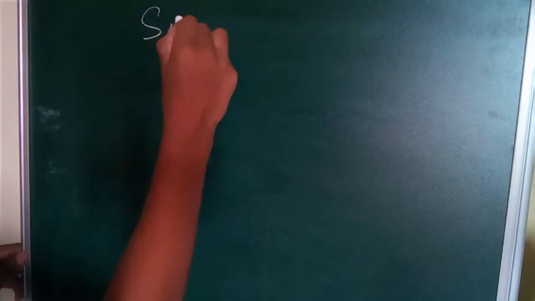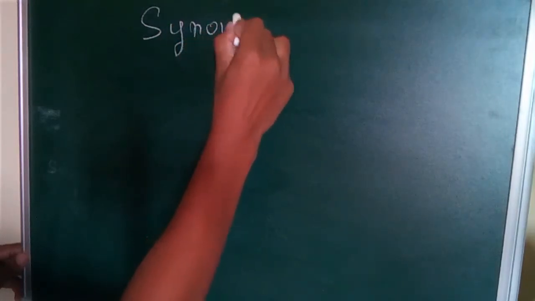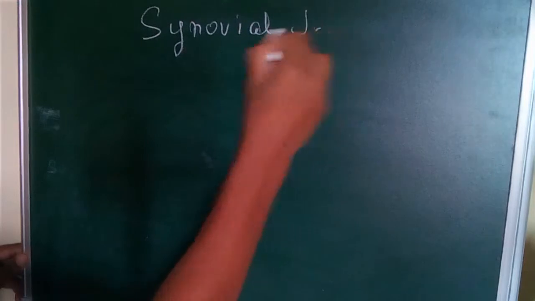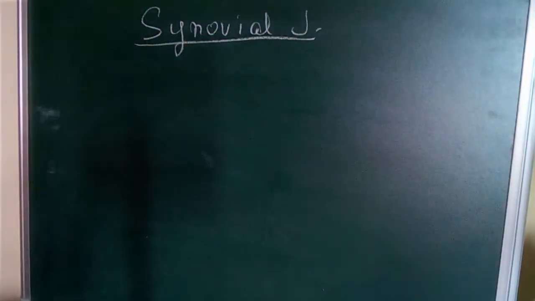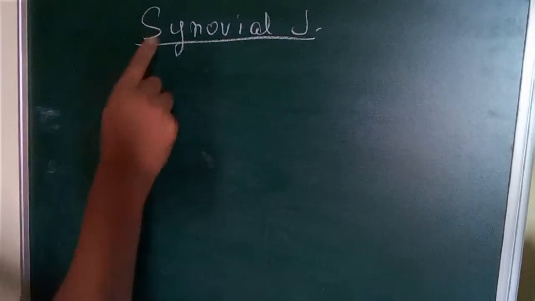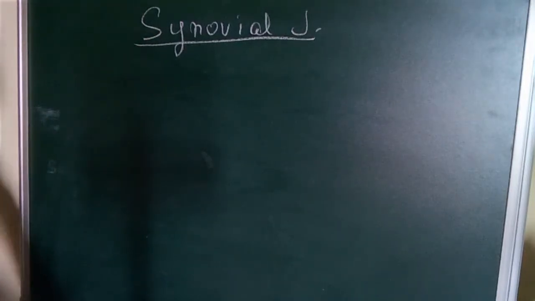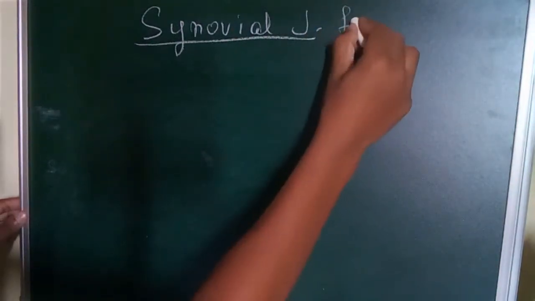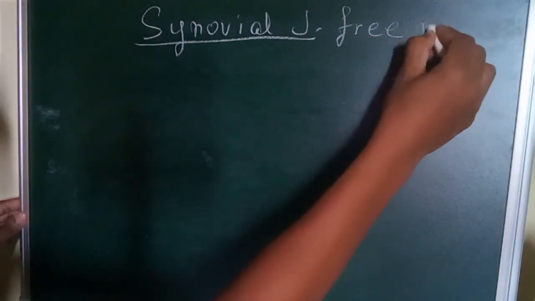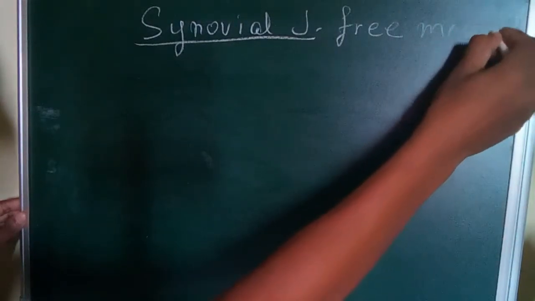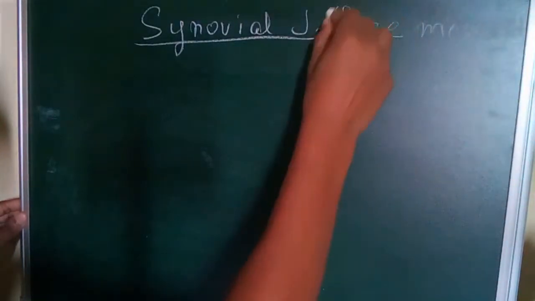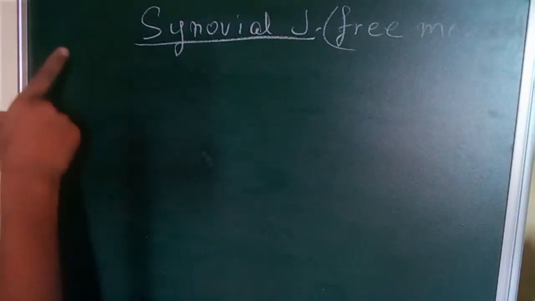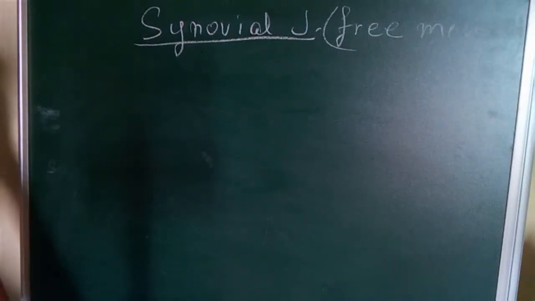diarthrosis, or the synovial joints. A synovial joint, or diarthrosis, permits free movement, and it is divided into four types: plain joint, hinge joint, condylar joint, and saddle joint.